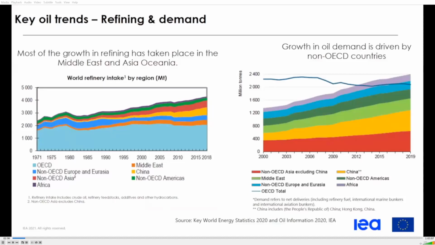This shows a growth in the oil demand in those countries, of the need for the population of specific oil products. And as we can see on the right, China and all of the other non-OECD regions grew in terms of oil demand. It is not that visible on this graph on the right, but Africa also knew in the last decade an important growth in its oil demand. So let's have a closer look.